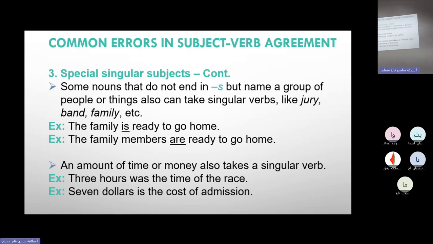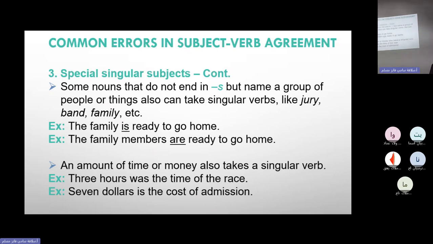So you see, if we're talking about a family as a block, as one unit, it's singular. If we're talking about each person in the family, they are plural. So we use are. An amount of time or money also takes a singular verb.